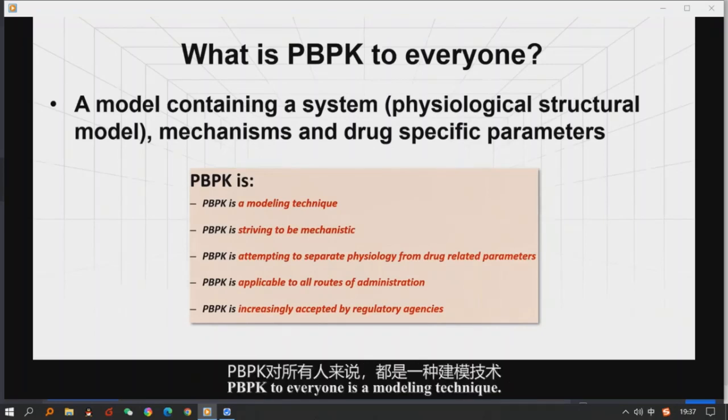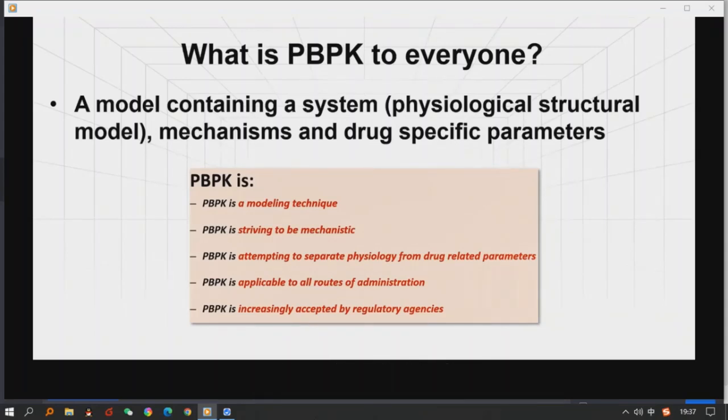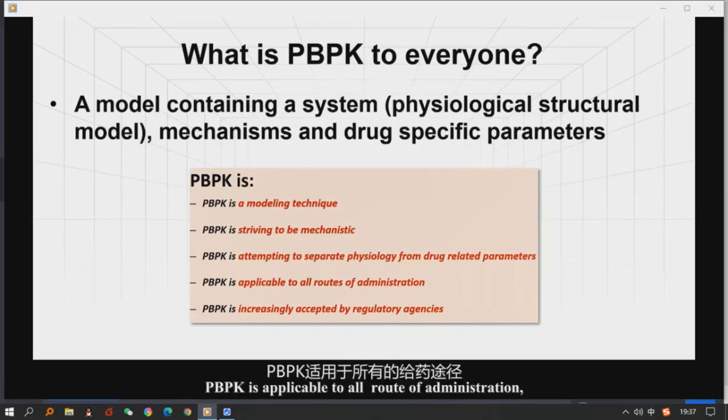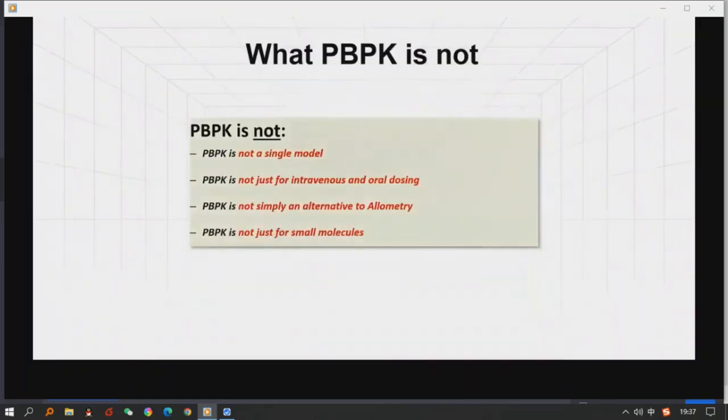So PBPK to everyone is a modeling technique. PBPK is striving to be mechanistic. PBPK is attempting to separate physiology from the drug-related parameters. PBPK covers all routes of administration, and PBPK is increasingly accepted by the regulatory agencies.